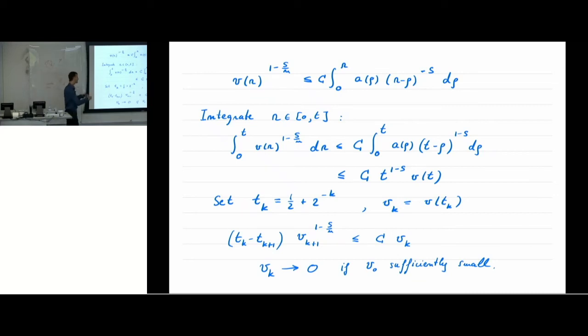And if the v's tend to 0, this means that the corresponding volumes tend to 0, but all these t_k are bigger than 1/2. So you just prove that there is no measure in B_{1/2}. Okay, so this finishes the proof.